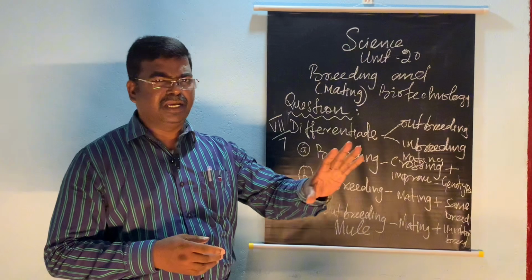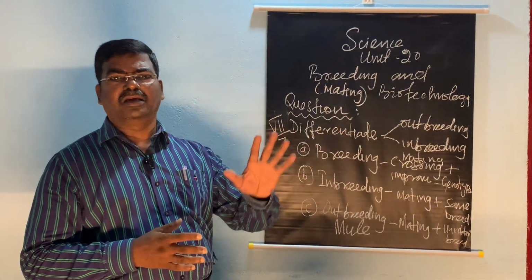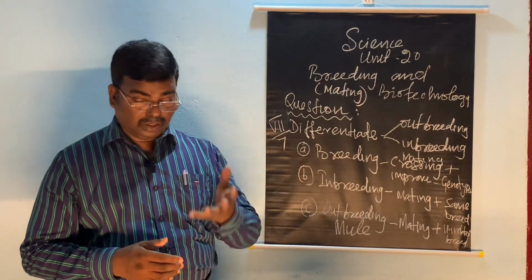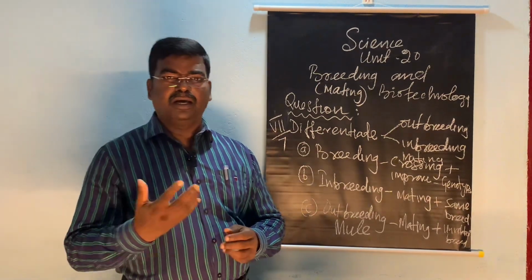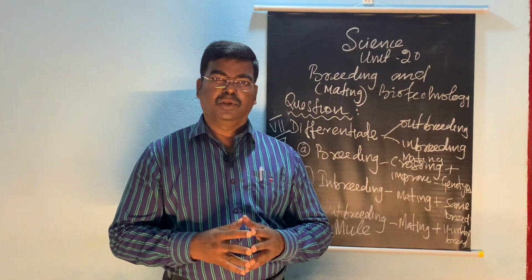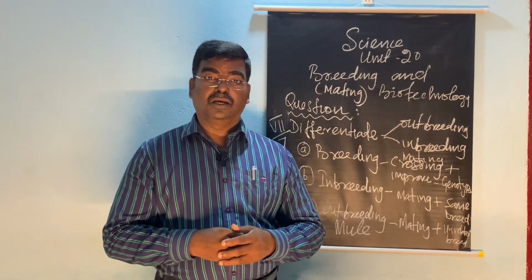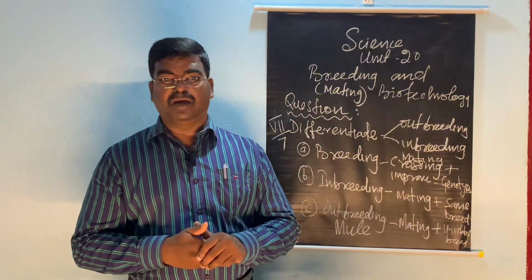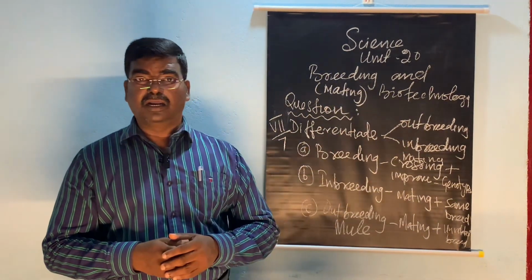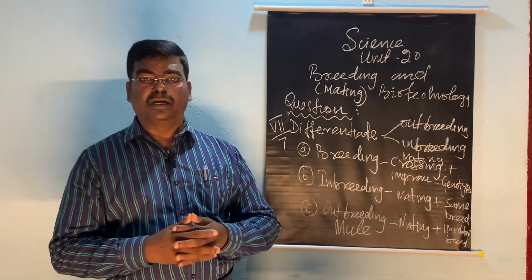So simply one word they are telling, they are sterile. So you can raise a question. Why are they sterile? This is a superior variety we are getting by the process of mating unrelated breeds.